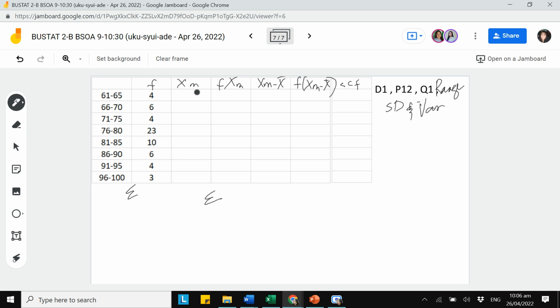So, give me the values for x sub m for all class size. So, simulan natin dito. 61 to 65. 63 po, ma'am. 63, ano yung susunod? 68. Mhm. 73, 73.